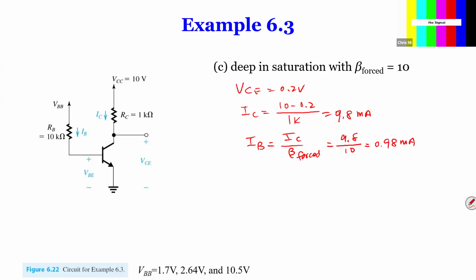Okay, so now we can easily find VBB equal to 10 times 0.98 plus 0.7. So that's 10.5 volts. You can see as you increase VBB, IB increases, and IC, of course, increases but cannot catch up. Therefore, it enters saturation mode.